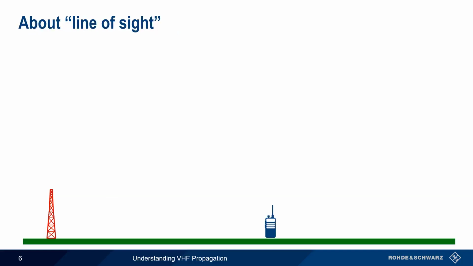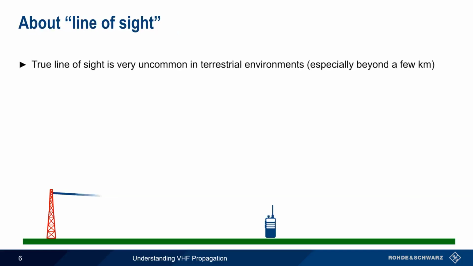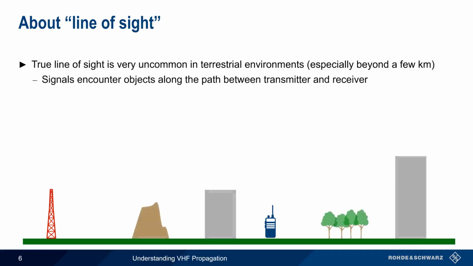Let's start by discussing line of sight. True or pure line of sight is actually very uncommon in terrestrial environments, especially at distances of several kilometers or more. This is because signals usually encounter objects along the path between a transmitter and a receiver.